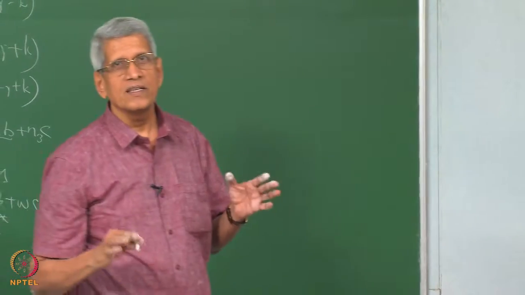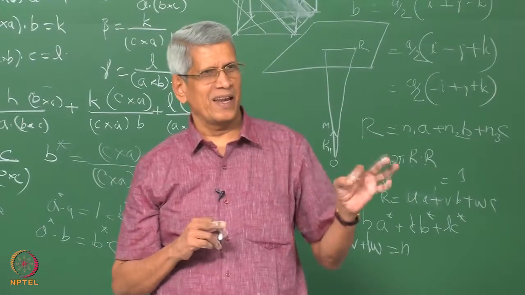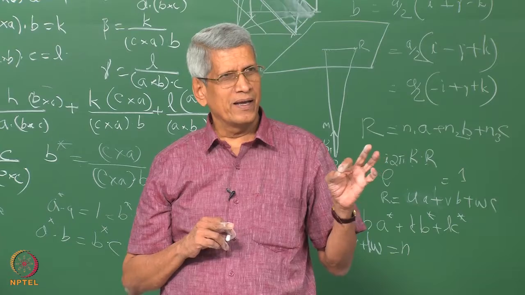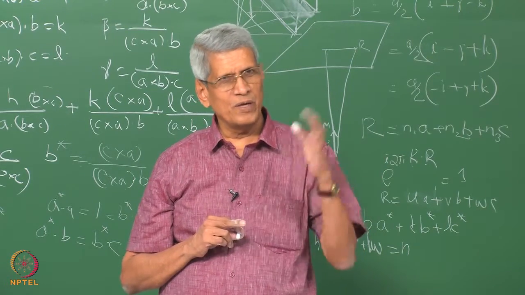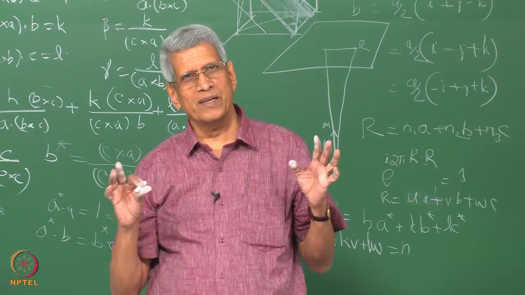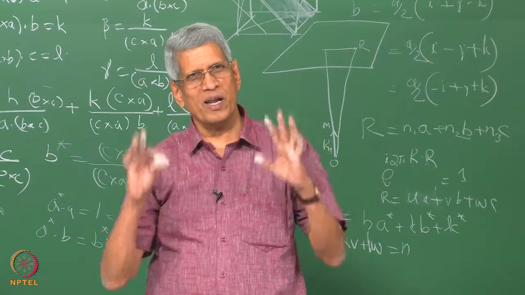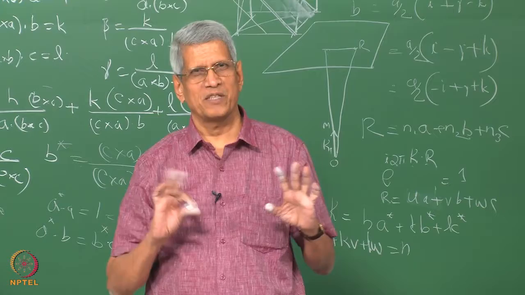The reason for this is that whenever we use HKL to represent the planes, whether we are aware of it or not, we are inherently using a reciprocal lattice vector, because HKL are nothing but coefficients of the reciprocal lattice vector.